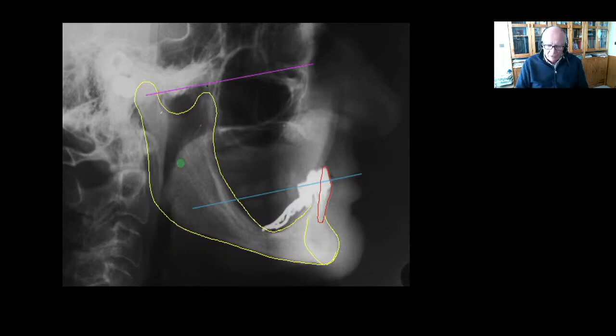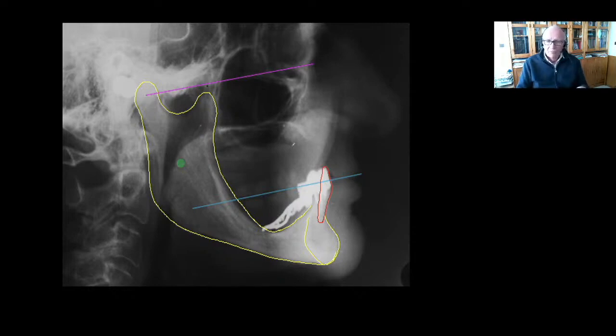For the large majority of the cases presented, the curve of Spee is ignored. If I look at this case, this patient has a complete denture on the upper jaw and a partial denture on the lower jaw. She has had a complaint for many years, pain in the palatal area just behind the incisors.